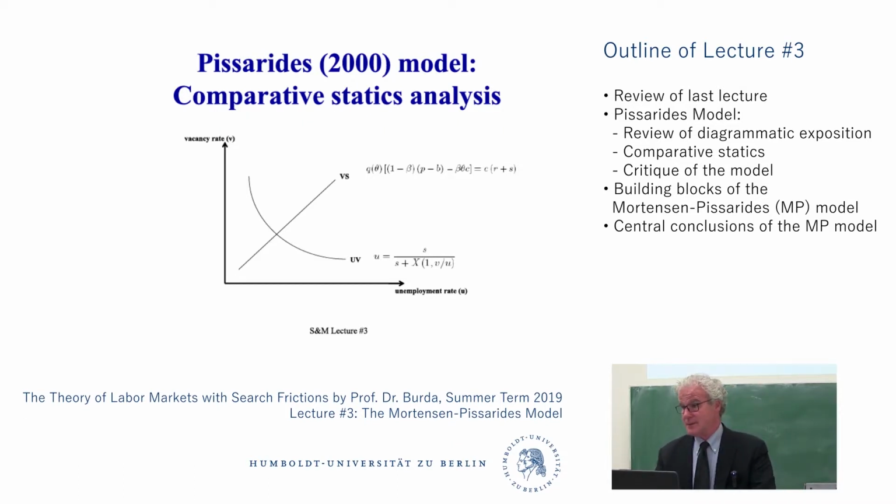On the other hand, as I showed you before, if you live in a country like Spain where there's a lot of turbulence in the labor market, a lot of separations because of agriculture, because of tourism, then you would expect to have a different UV curve than you would have in, say, Hamburg or in London. Okay, so just keep your thinking caps on when you think about that, because it's important.